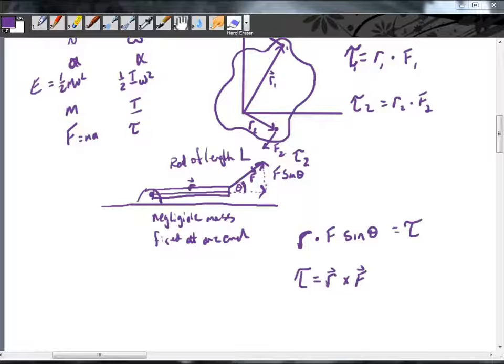So this right here is our vector tau. This right here, R F sine theta, is the magnitude of our torque, but the direction of it is going to be determined as follows.